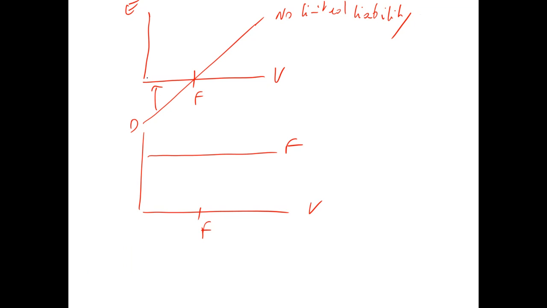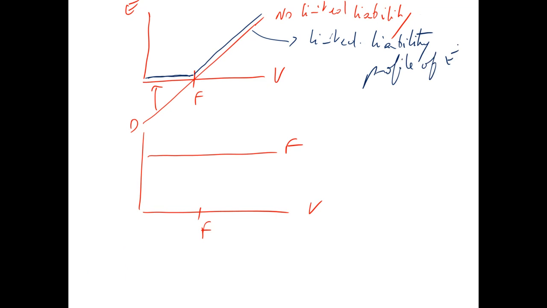Okay, so they don't want to lose more than what's inside the firm. So in fact, what they want to have is this maximum. And they would like to have this. That is the call. So here is the limited liability profile of equity holders.